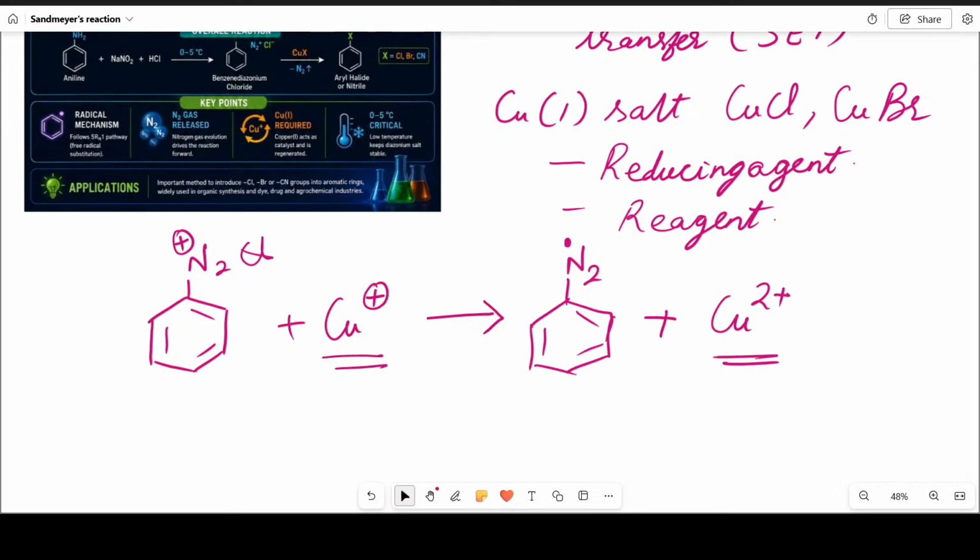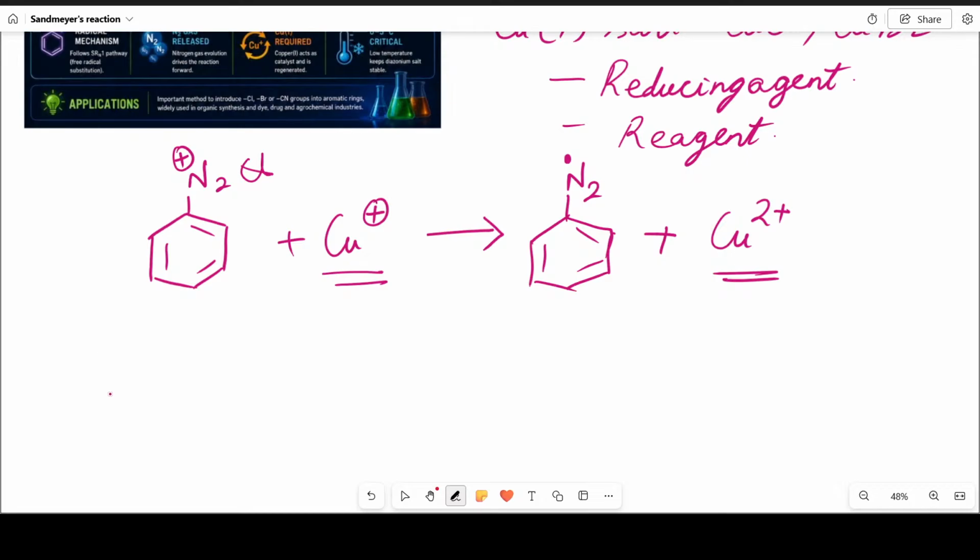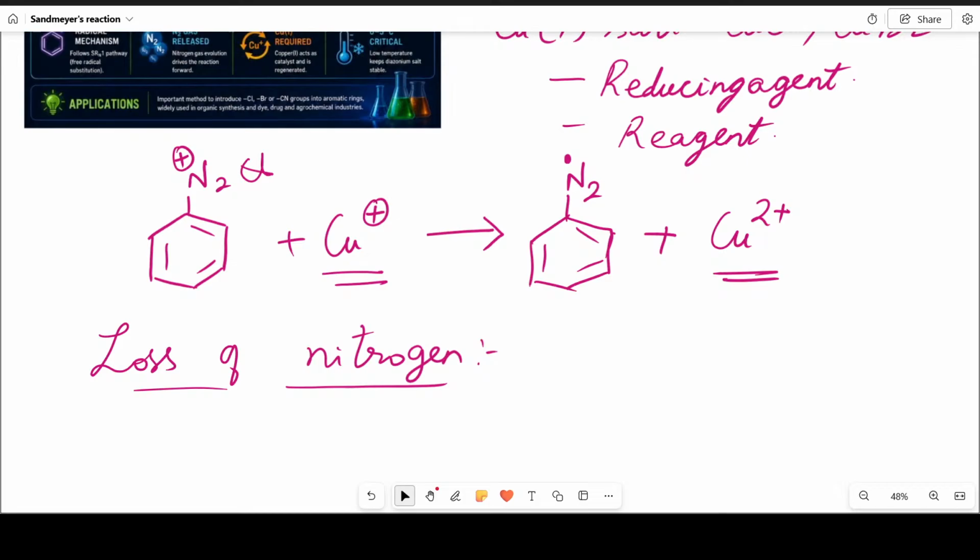In step 2, loss of nitrogen. Here is the unstable radical intermediate, a highly unstable radical.